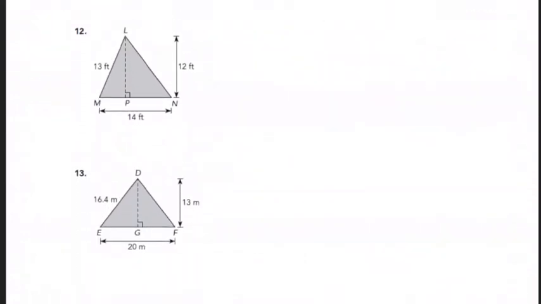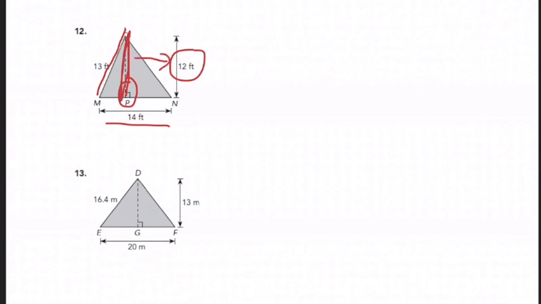Okay, I'm going to do 12 for you, and then you guys could try 13. So for 12, I circle my right angle. So that has to be the base. Now you have two numbers here, 13 and 12. So remember, the height is at the right angle. So it's base, and then this has to be the height. It's not 13, it's 12, because you can see this is the same measurement as this 12.